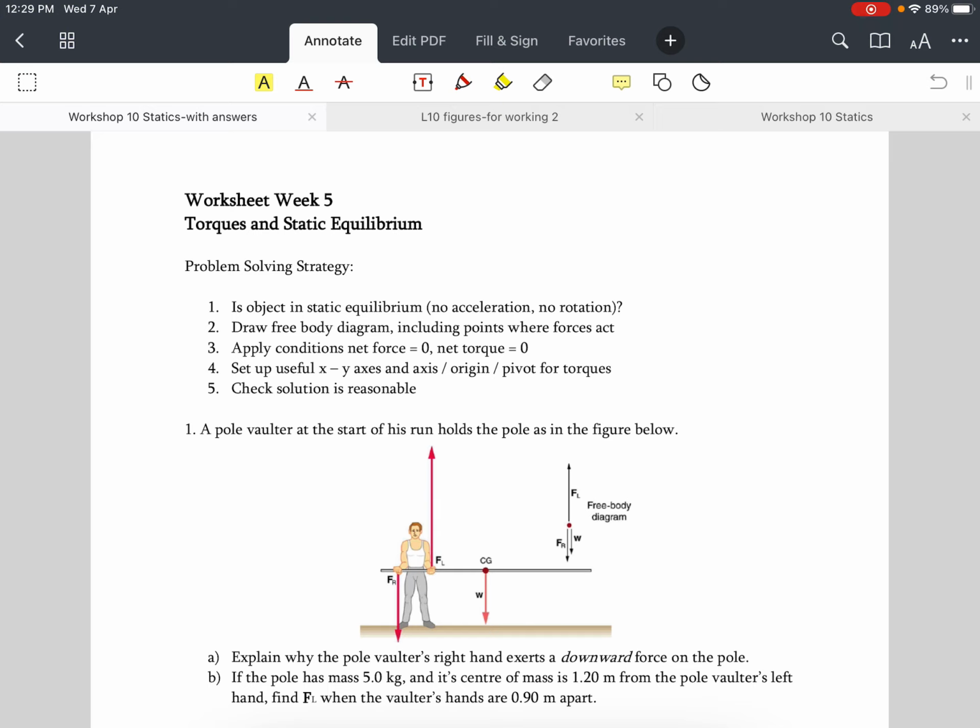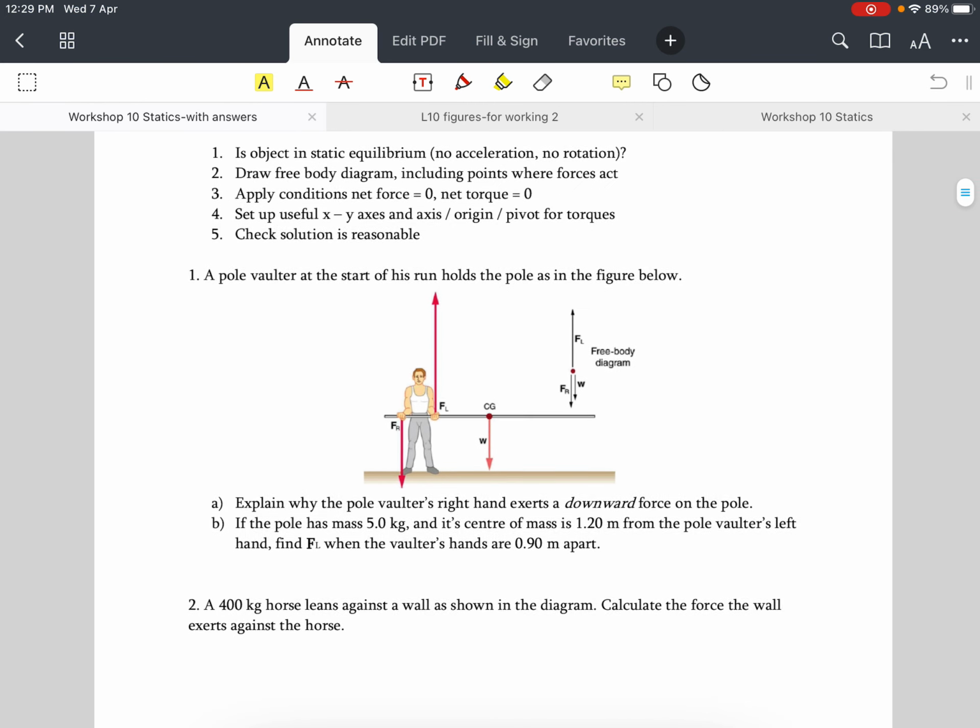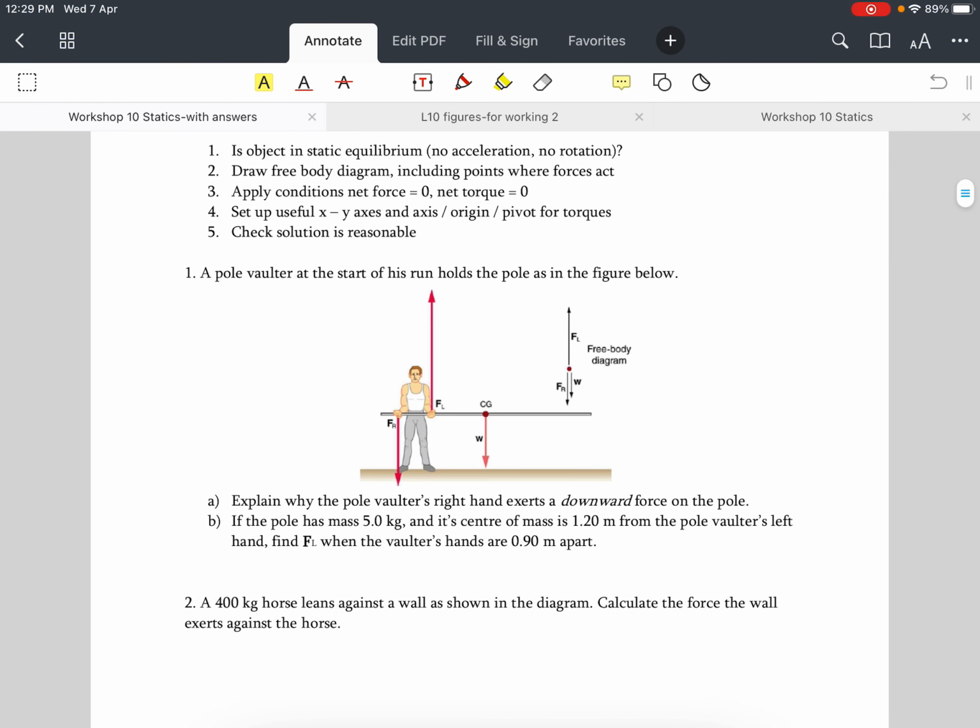So the first question looks at a pole vaulter at the start of his run, and the pole vaulter is holding a pole as shown in the figure below. So the figure actually already gives you the free body diagram. The free body diagram here on the right is the usual free body diagram that we usually draw when looking at forces and applying Newton's laws of motion.